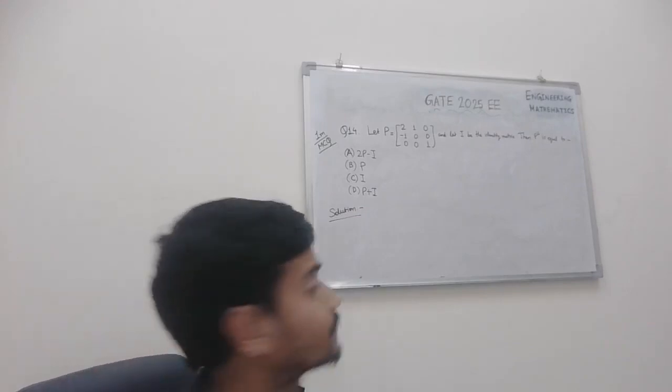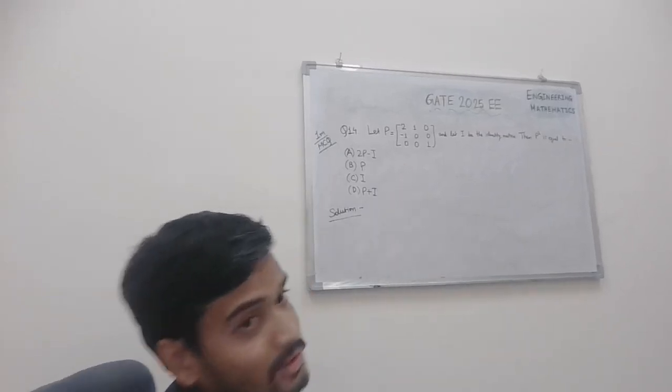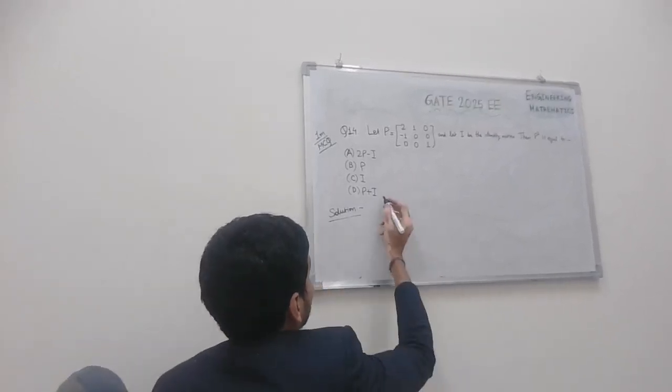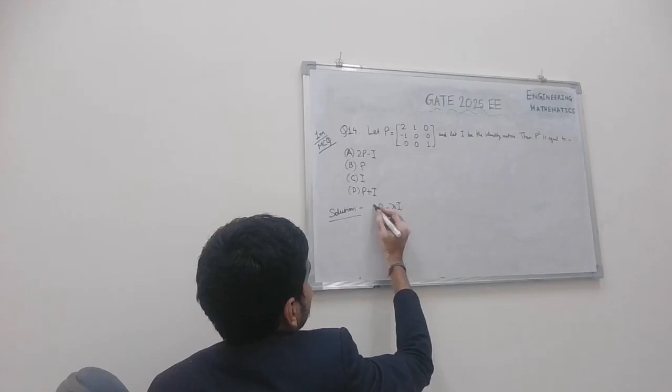It is given. So the characteristic values, or the eigenvalues, of this are given by the determinant of P minus lambda I equal to 0.